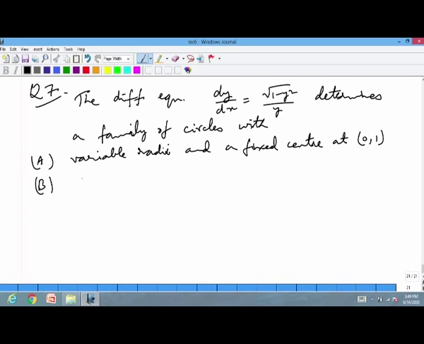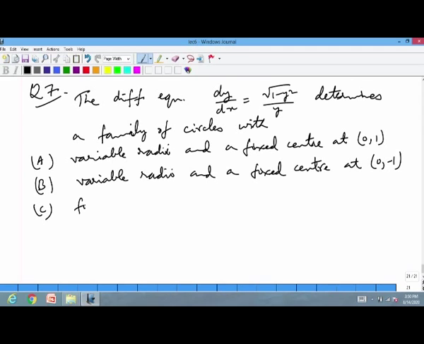Option B is variable radii and a fixed center at 0, -1.